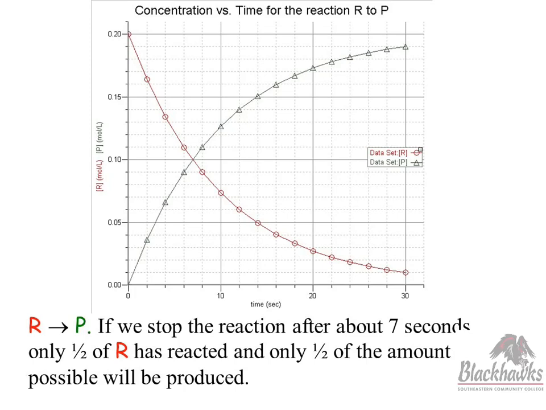You've got about half of your reactants left, and you've only formed half the products that you can form. If you're impatient, you stop at 7 seconds. Versus if you go to 30 seconds, do you have it all yet? Not quite. At 30 seconds, you still have a little bit of reactant left, and you have a little bit of product to go.